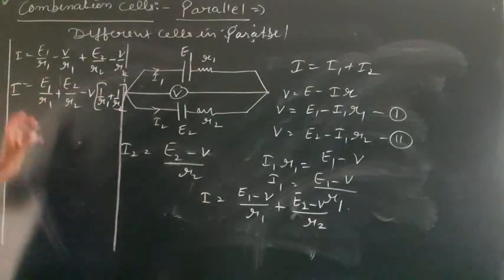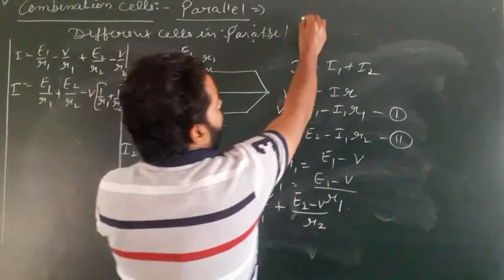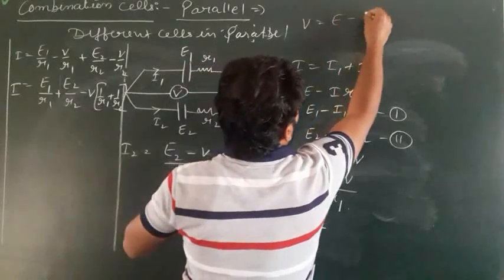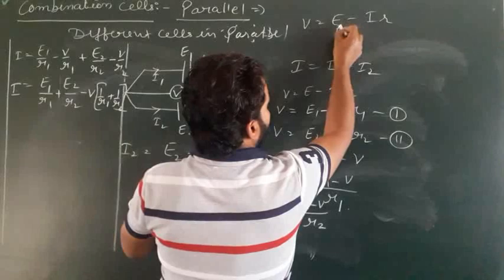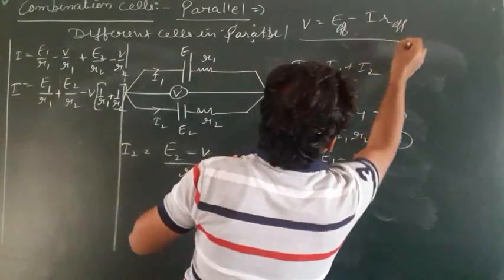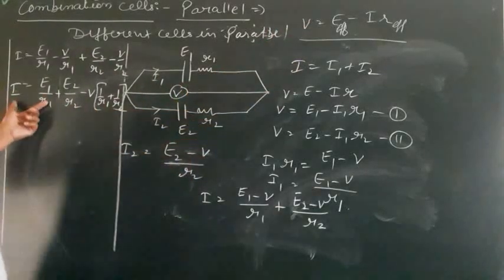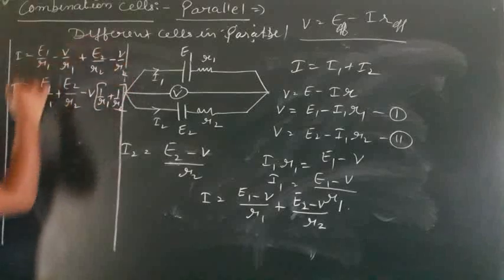But we know that at the end we have to compare this with the standard equation. The standard equation is V is equal to E minus IR. So that is V, that is E effective, and that R is R effective. We have to compare with this standard equation. This equation is in I, so we have to change it to V. Now take I on that side and V on this side.